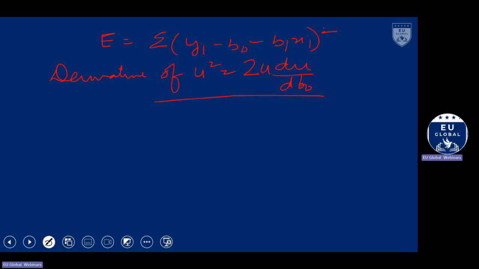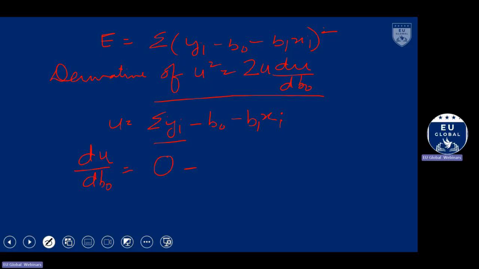Here we know that u is equal to yi minus beta naught minus beta 1 xi. So if we have to find du upon db0, because y is a constant, this will be 0.